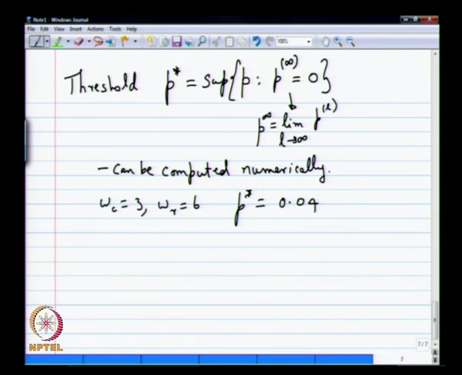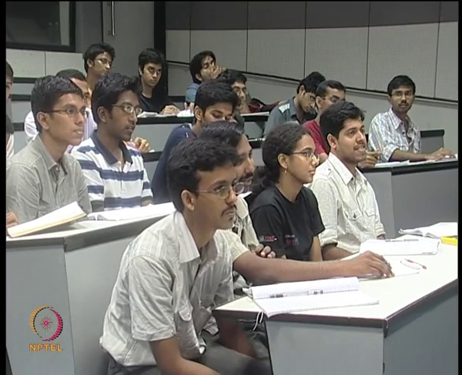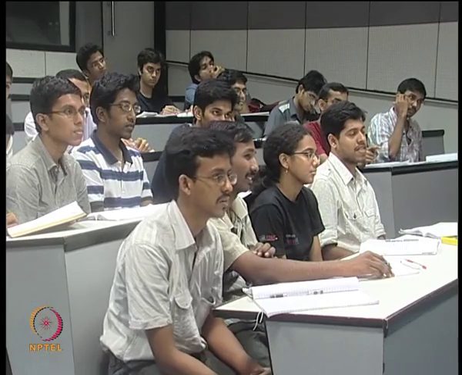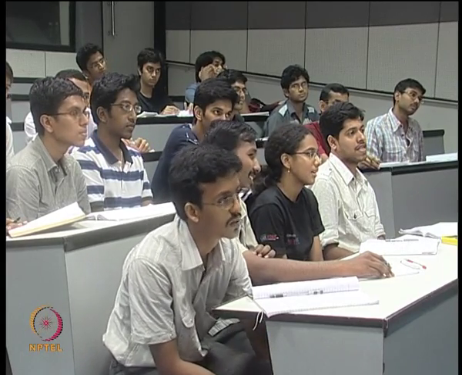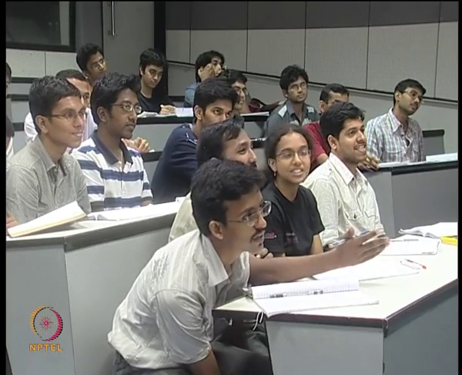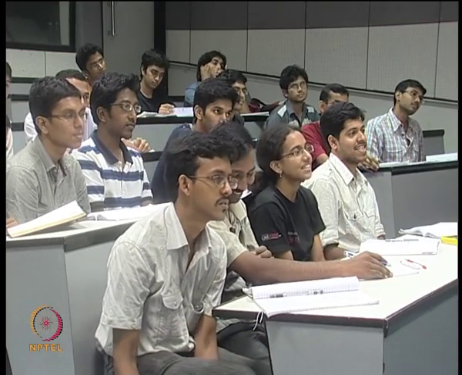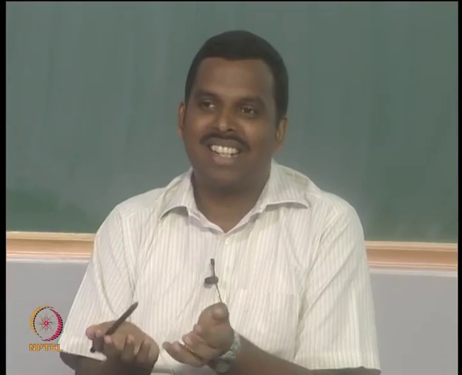Okay, so let me see if all that I told you about the density evolution has sunk in. What does it mean if P star is 0.04? So we'll be able to identify what your code word was. You are saying roughly correct things which will be okay in practice, but theoretically it does not mean much.